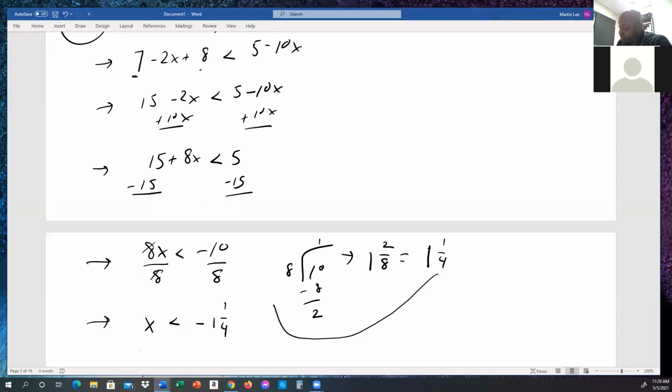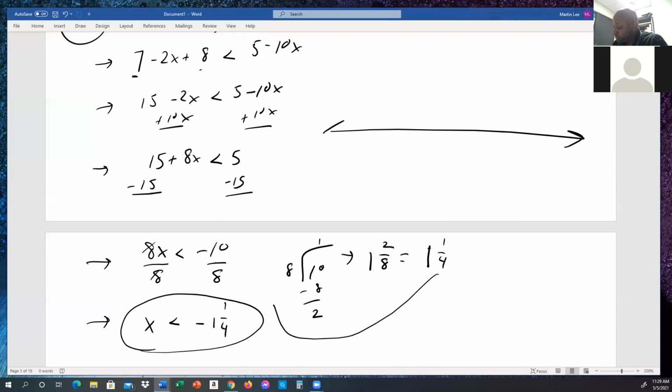So now let's take this and draw it on a number line. Here's 0, 1, 2, -1, -2. So -1 and 1/4.